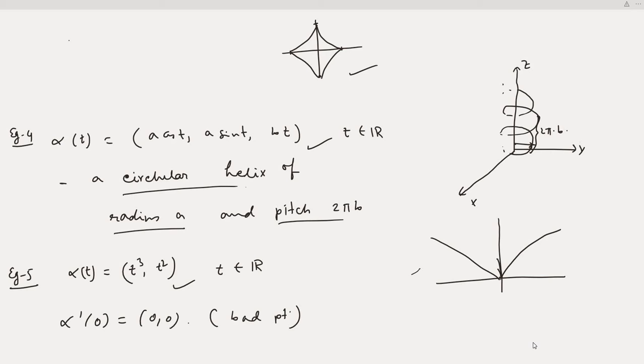Here we note that alpha is differentiable, but its derivative at the point 0 is equal to 0, and such a point t equal to 0 is a bad point, where the derivative is equal to 0.